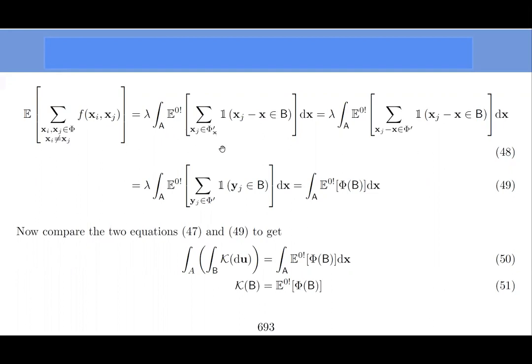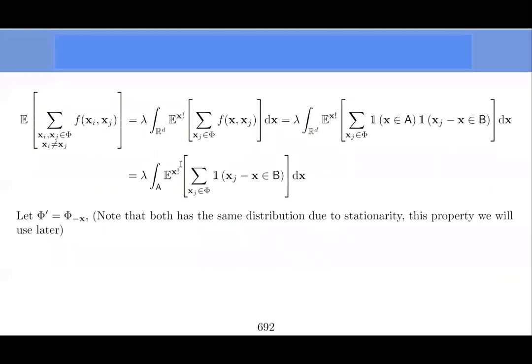This is another way to write it: I've taken phi dash instead of phi, and then denoted the Palm expectation at 0. So for xj minus x, which is some point yj belonging to phi dash, conditioning on x will be the same as conditioning on 0.